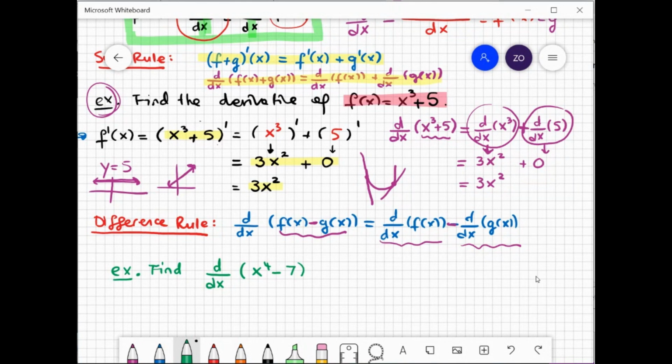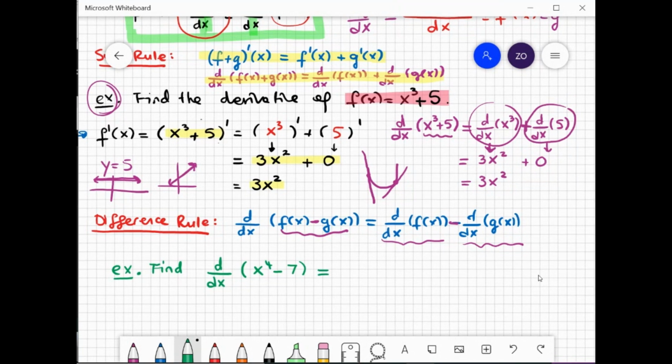Okay, so this is how we can ask for the derivative. We want to find the derivative of this function. The difference rule tells us that we can just find the derivatives separately. So we can find the derivative of x to the fourth and the derivative of the constant function 7 separately and subtract them.